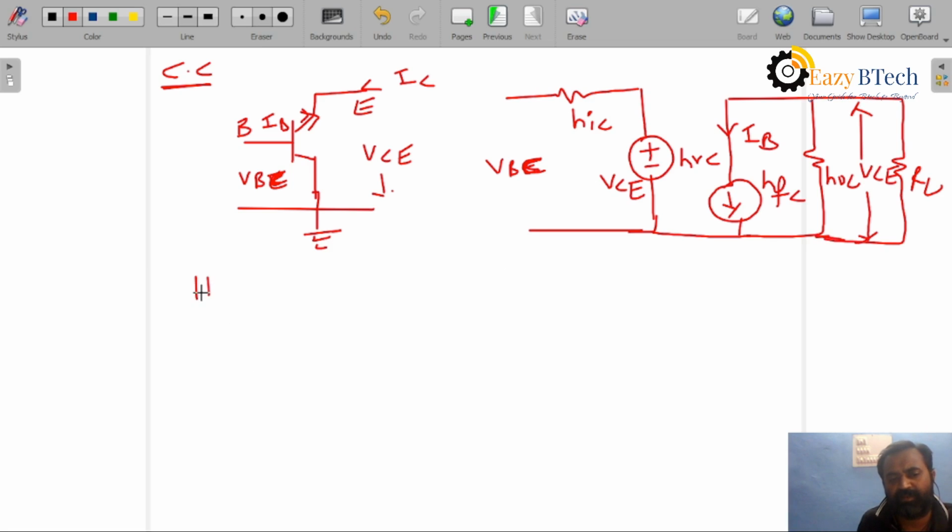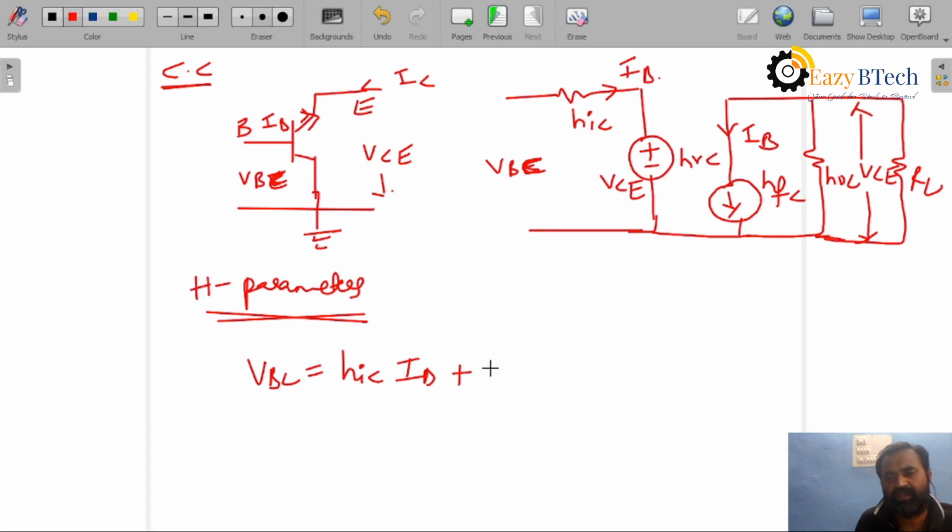These are the H parameters. VBC is equal to HIC IB plus HRC VCE.